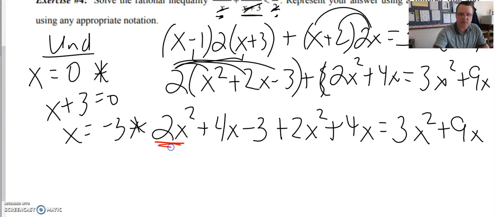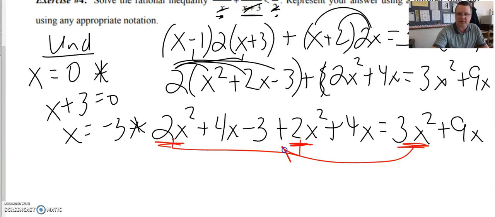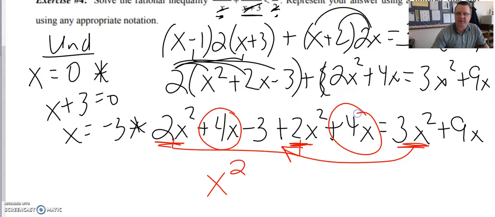Okay? 2x squared, 3x squared. These two combine to give you 4x squared. Bring this over, and I'm going to be left with x squared. Just the x's. 4x plus 4x is 8x. This 9x comes over. 8x minus 9x is negative x.